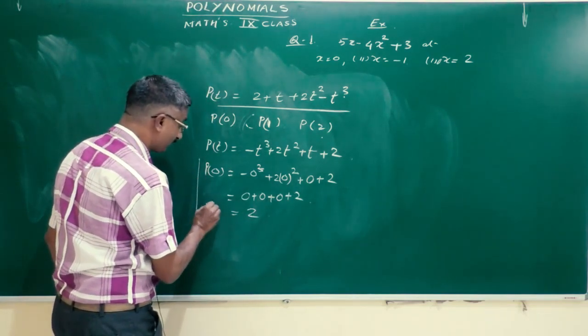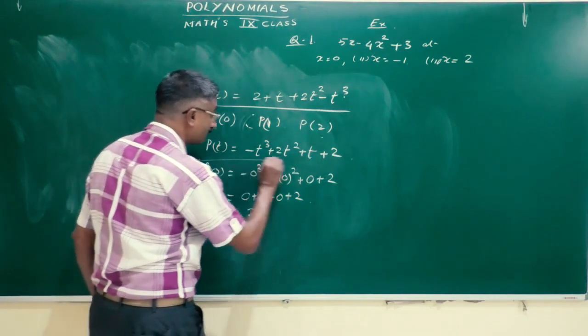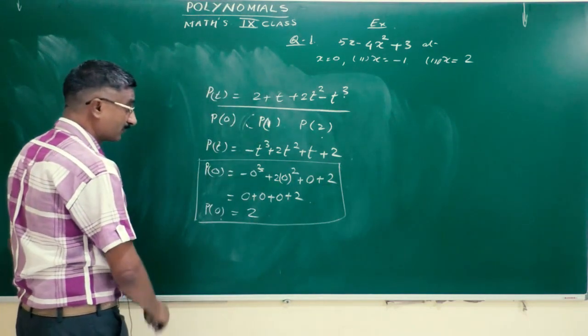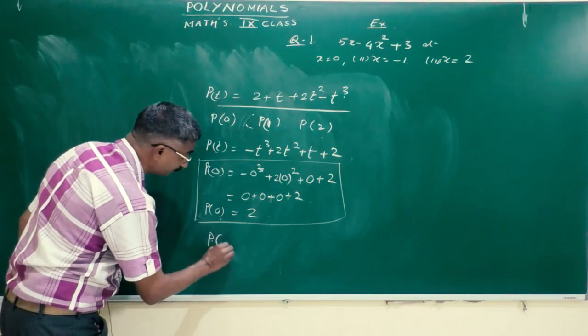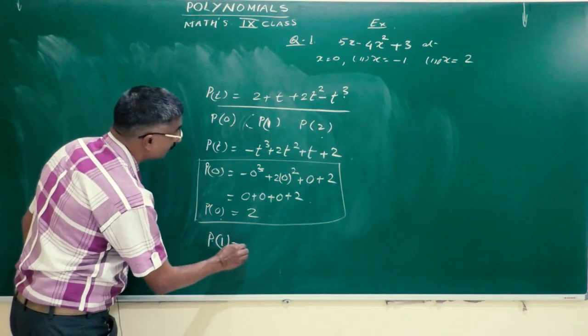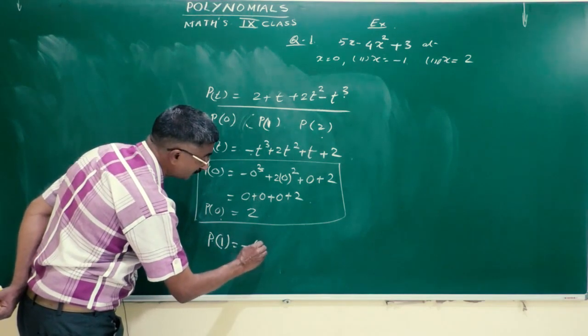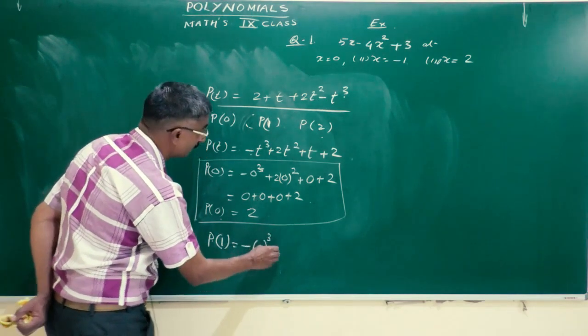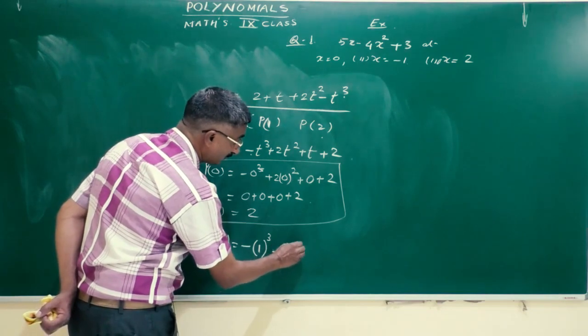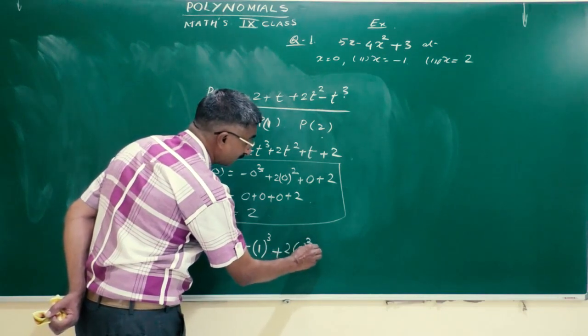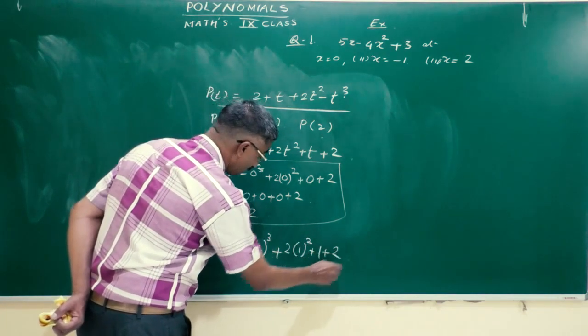The value of P(0) is 2. Now P(1), so this is equal to minus 1 cube plus 2 into 1 square plus 1 plus 2.